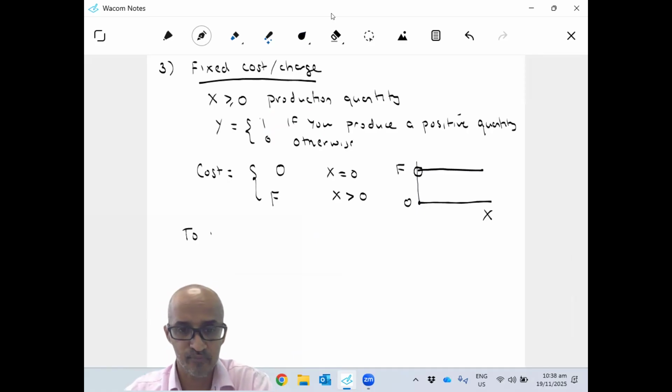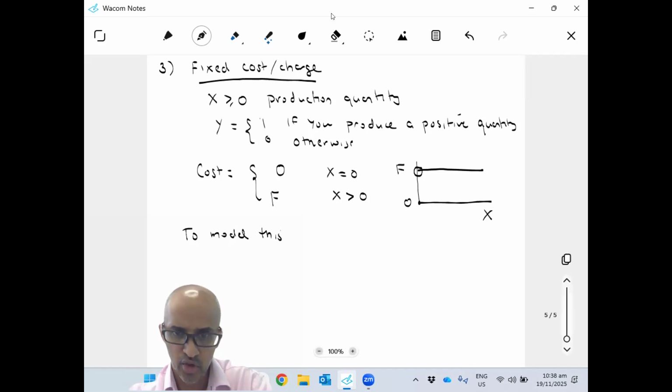To model this, all you have to do is add a constraint of the following type.